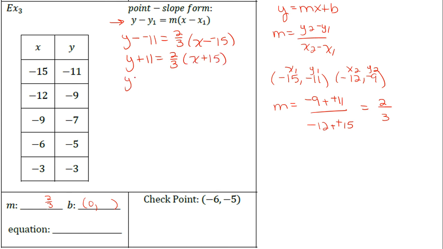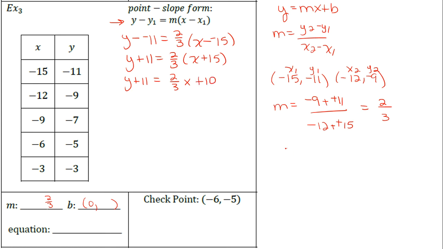And we're going to distribute the 2/3. So 2/3 times x is simply 2/3 times x. And then 2/3 times 15, I like to say 3 divides into 15 5 times, and 5 times 2 is 10.